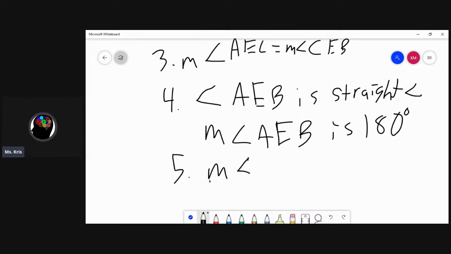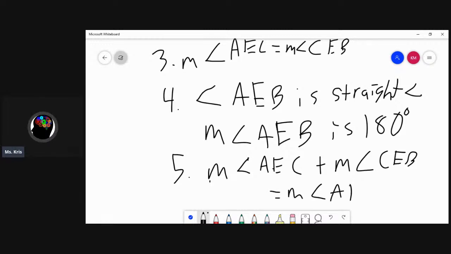Also, you could say here that the measurement of angle AEC plus the measurement of angle CEB equals the measurement of angle AEB because they're supplementary angles.